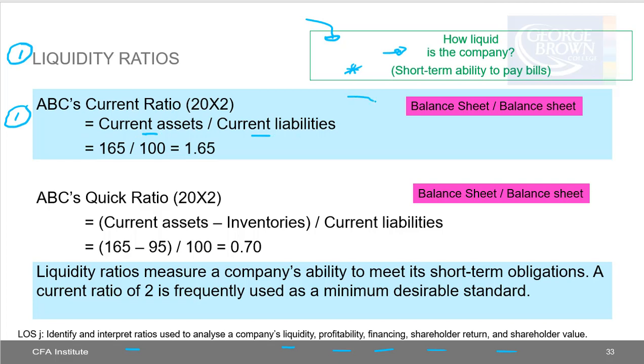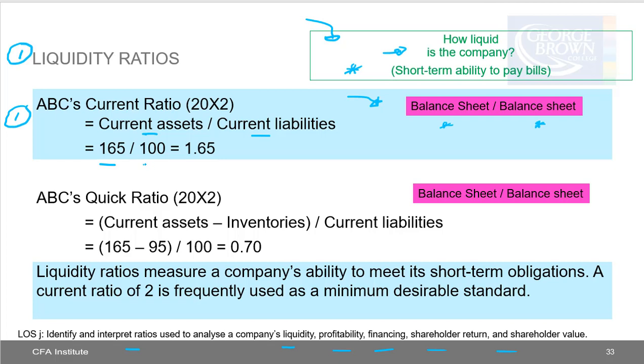So one of the things that I put here in bold color is that when you're looking at different ratios, you want to know where the information is coming from. So you can see the numerator, current assets, is from the balance sheet, and the current liabilities is also from the balance sheet. So with regards to ABC Company, the current assets for 20X2 was 165.